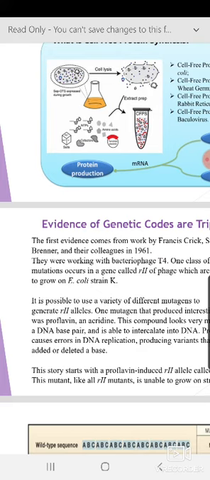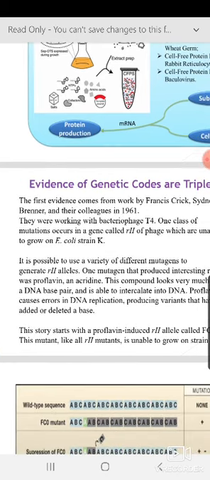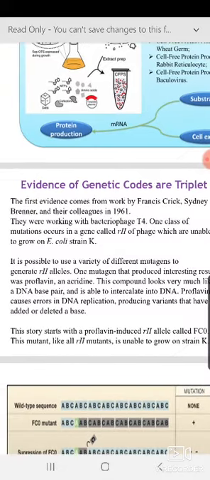Now, while doing mutational studies with mutagens such as proflavin and acridine, which are dyes that act as intercalating reagents, they found that these go inside the DNA and sometimes cause insertion or deletion mutations.